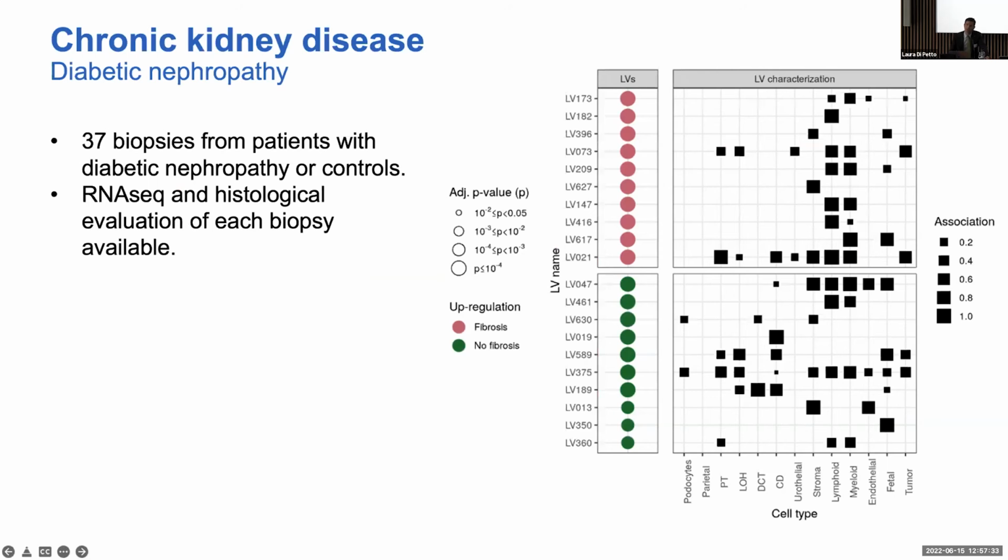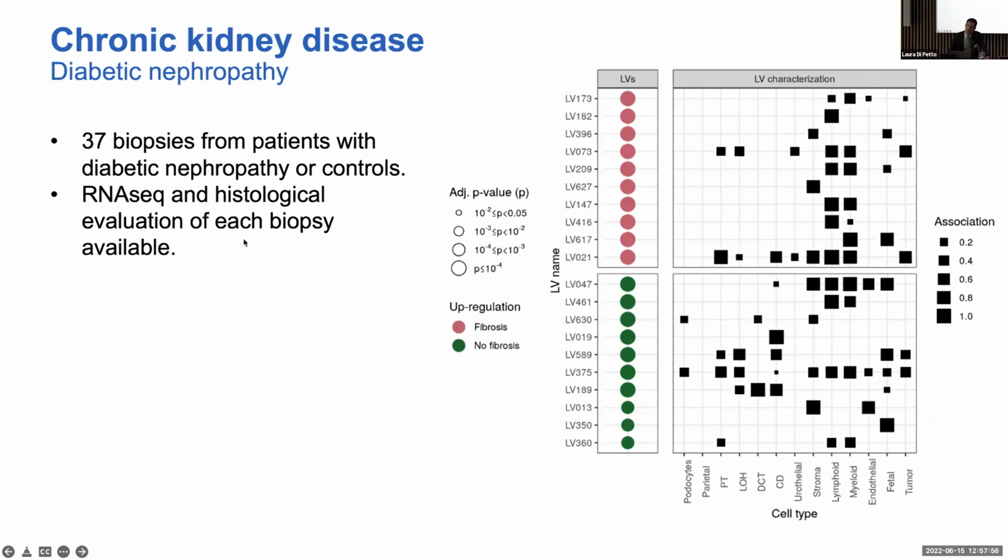We had access to a cohort of 37 patients with biopsies with diabetic nephropathy or controls. Please note that this is a very small number of patients compared to the numbers we heard this morning. And we had bulk RNA sequencing from all these biopsies, and obviously the histological evaluation.